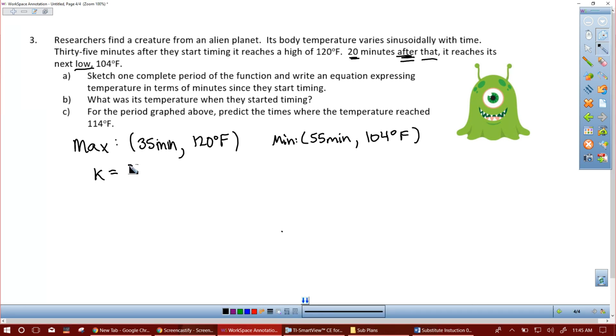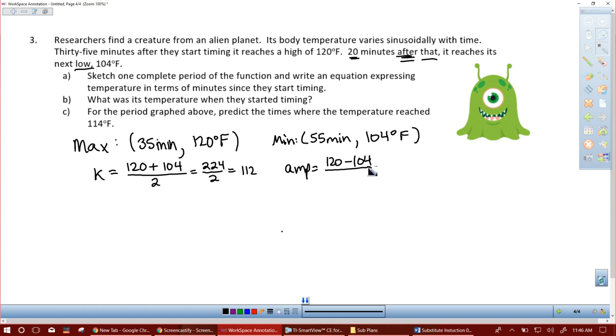So the ceiling is 120 plus 104 divided by 2. So that would be 224 divided by 2, so that's 112. And then my amplitude would be 120 minus 104 divided by 2. That would be 16 divided by 2, and that will be 8.